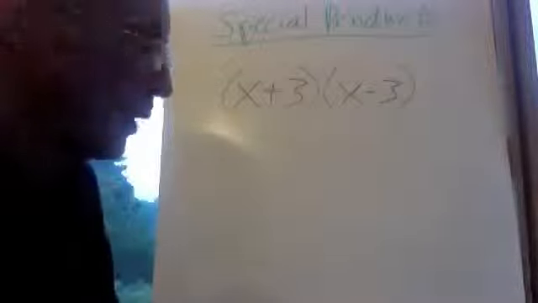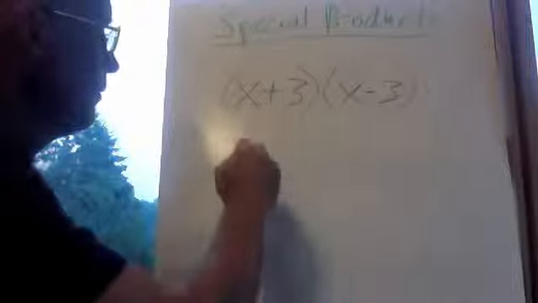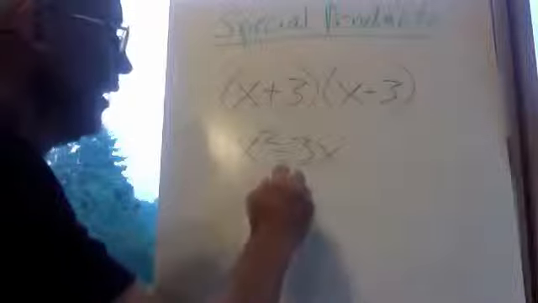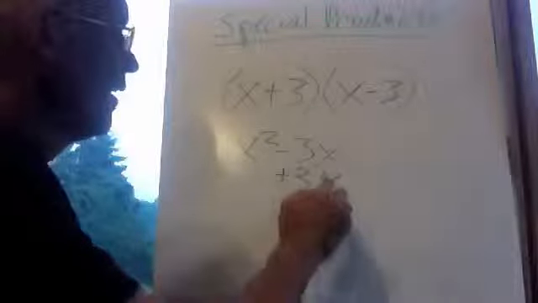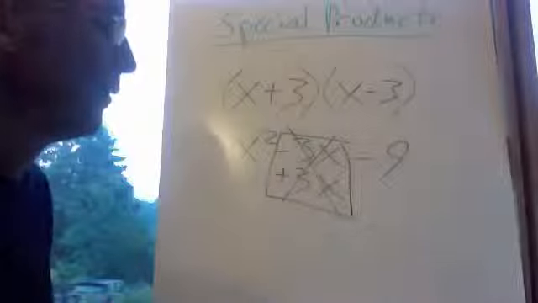So let's just do FOIL and see what happens here. First times first, outside times outside, inside times inside, and last times last. So do you see that this cancels out?